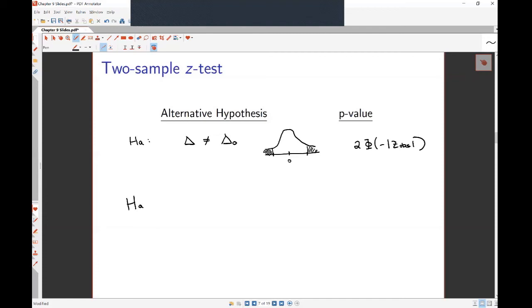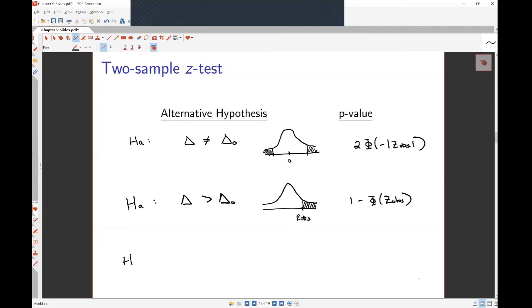If you had a one-sided alternative, say delta greater than delta naught, here, if you visualize your bell curve, you only want the area in the upper tail. So this would have a p-value equal to 1 minus the normal CDF at z observed.